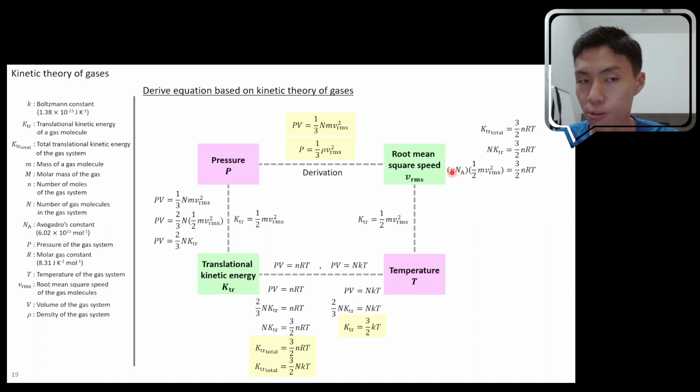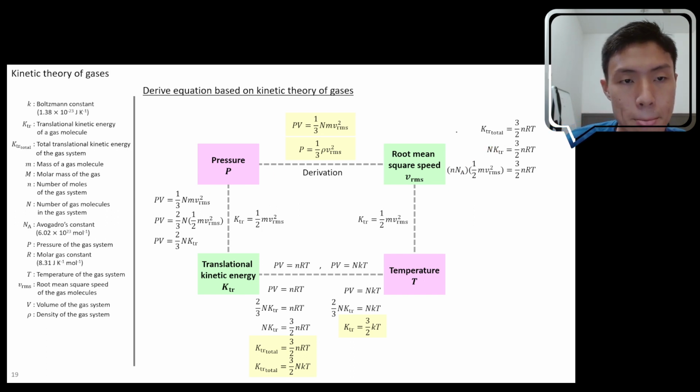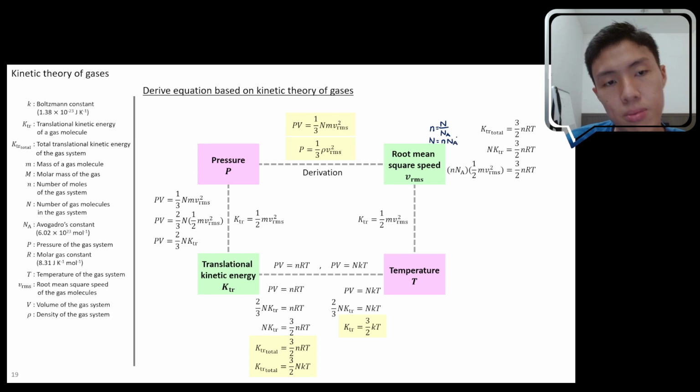So if I have 5 moles of molecules, and each mole has 6.02 times 10 to the power 23 molecules, I can get how many gas molecules in total I have. Okay, it's a simple relation. Maybe I can write it down. The number of moles is equal to the total number of gas molecules divided by the Avogadro number. So from here I can see that N is equal to the number of moles multiplied by the Avogadro number.